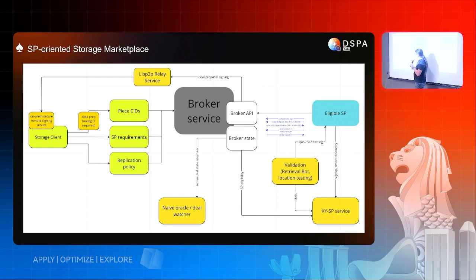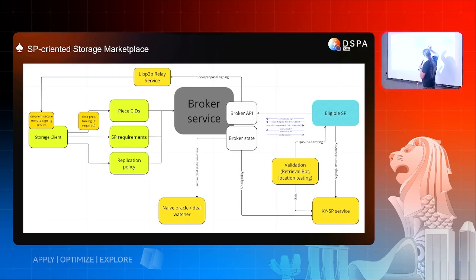They don't need any help from us. Maybe they use some tooling that we wrote for them, but in general, all the data owner does is host the data, makes it available over HTTP, and says which SPs, what kind of storage providers, are supposed to get this data.